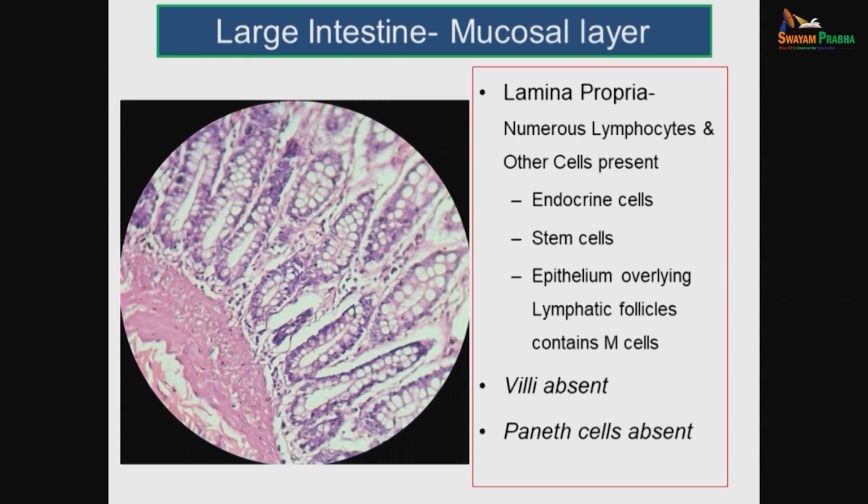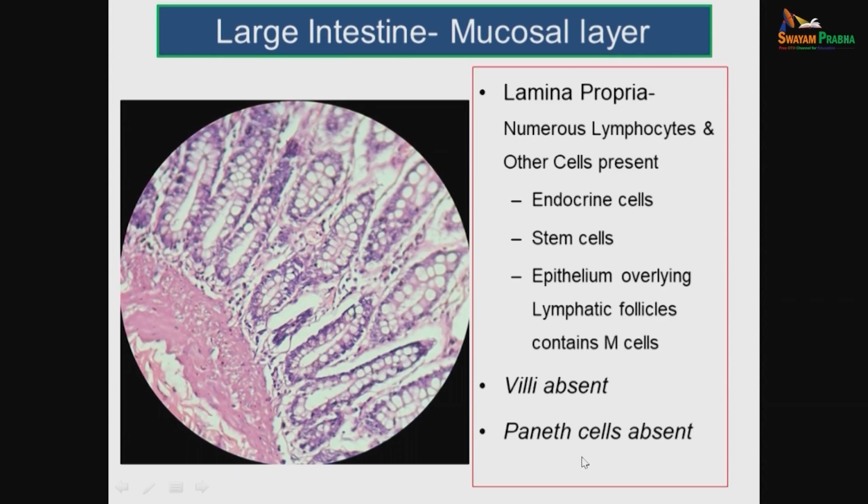Classically, if you compare the rest of the small intestine to the large intestine, the villi are absent. In the small intestine, the hallmark feature is the presence of villi. In the large intestine, it is a simple columnar epithelium. There are no mucosal folds, no villus structures, and Paneth cells are also absent.